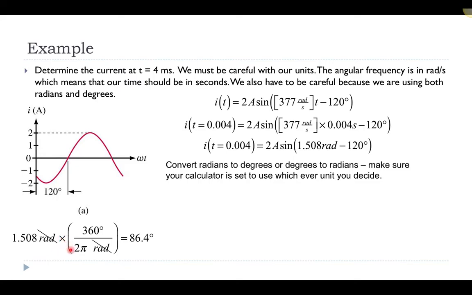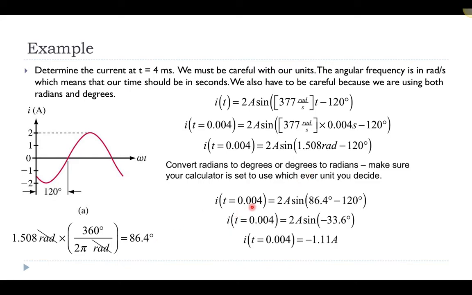I can multiply it by 1, which is this ratio of 2 units that are exactly equal, so I put the 2 pi on the bottom to cancel out the radians, 360 on the top, and I end up getting 86.4 degrees.